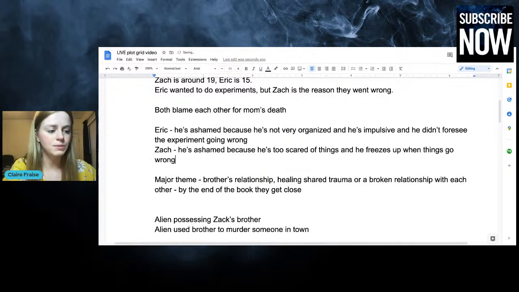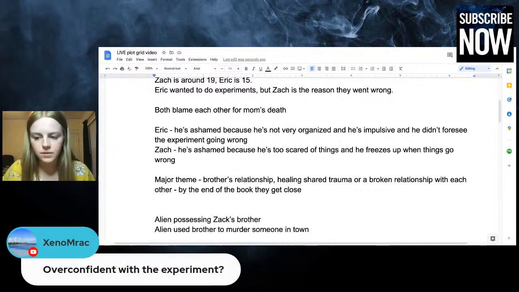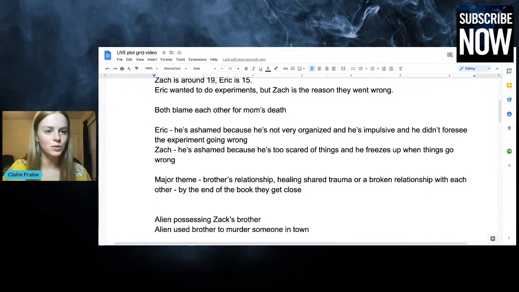So when something in the experiment went wrong, he didn't act quickly enough, and that's maybe why he is partially responsible for the explosion. Or overconfident with the experiment. Oh yeah, I think Eric is overconfident, because if he's the really bold sciencey guy, he can totally be overconfident in the experiment.